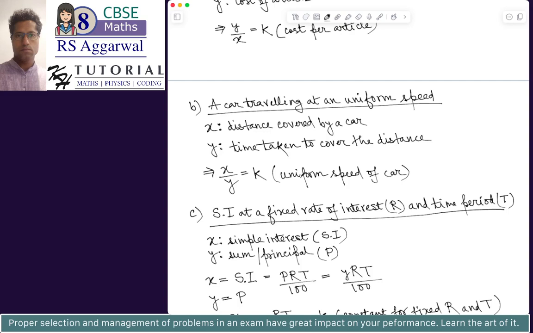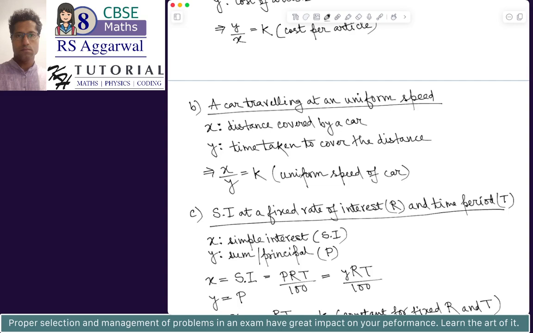Since a uniform speed means its speed is not changing, it is constant. So for all values of x and y, the ratio x by y will be the same and it will be the uniform speed of the car.